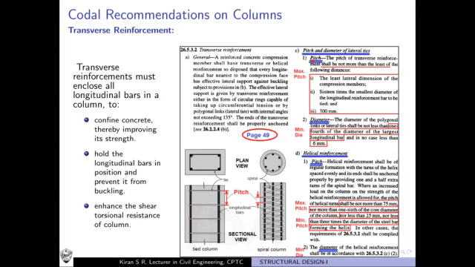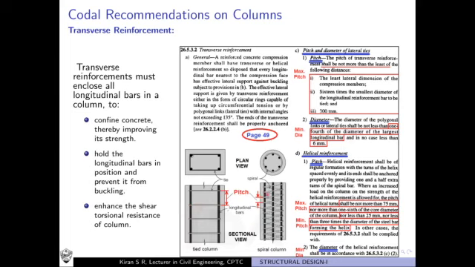It is important that we define the term pitch. So what is pitch? For lateral ties, the pitch is the center to center spacing between lateral ties. These separate lateral ties, the center to center spacing is what we call pitch.